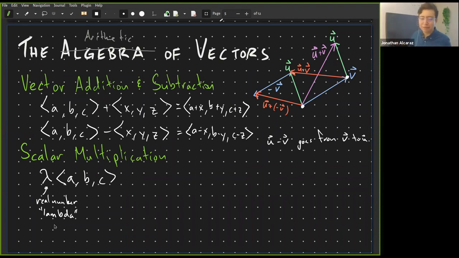Basically, when we multiply by a scalar, in terms of the arithmetic and the algebra, in the notation, we can think of it almost like a distribution. We're distributing this over here. Technically, it's not distribution, because distribution is when you distribute through a bunch of things being added together.